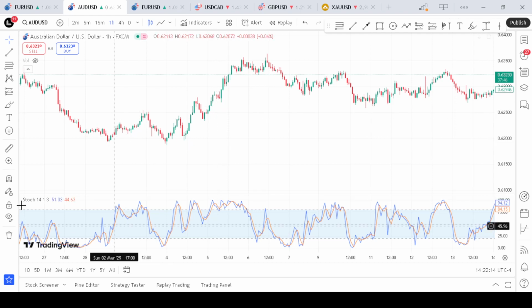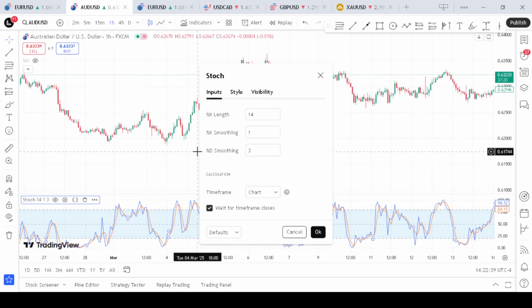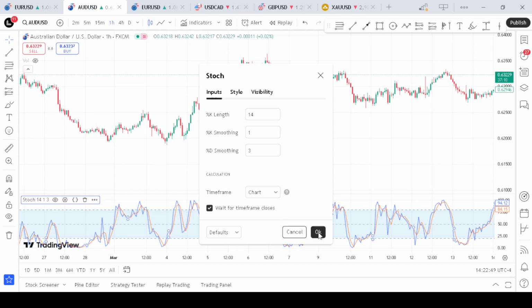It consists of two lines, and if we check the settings of this stochastic indicator, we can see the percentage K and the percentage D. The percentage K means the current closing price position within the range, while the percentage D means a smoothing 3-period moving average of the percentage K. This is typically what it means.